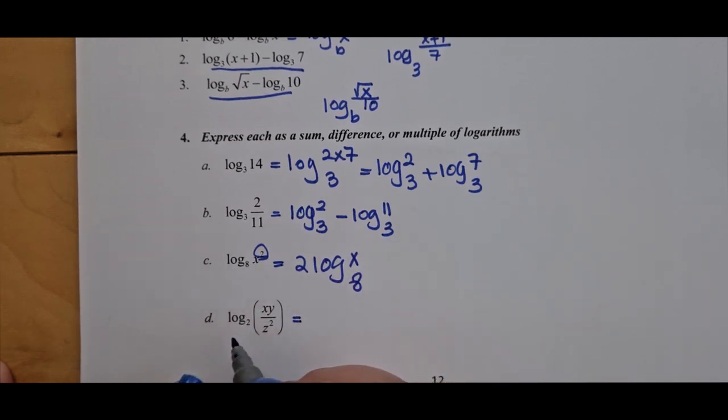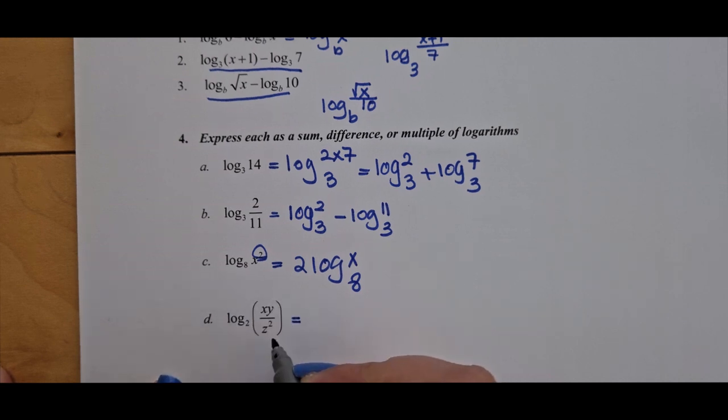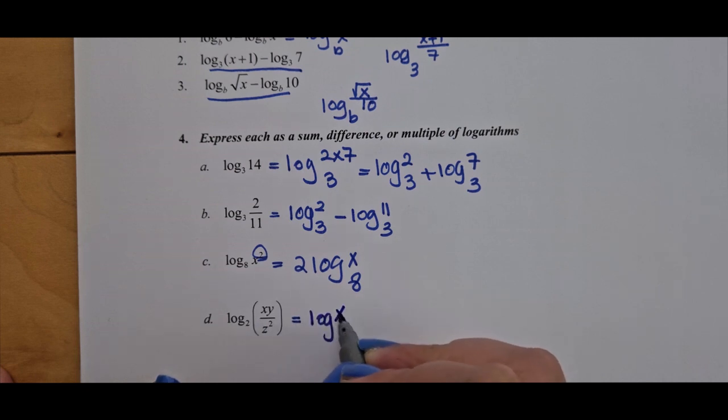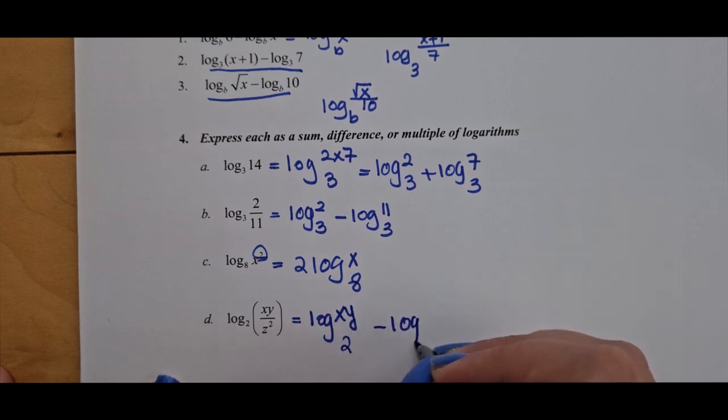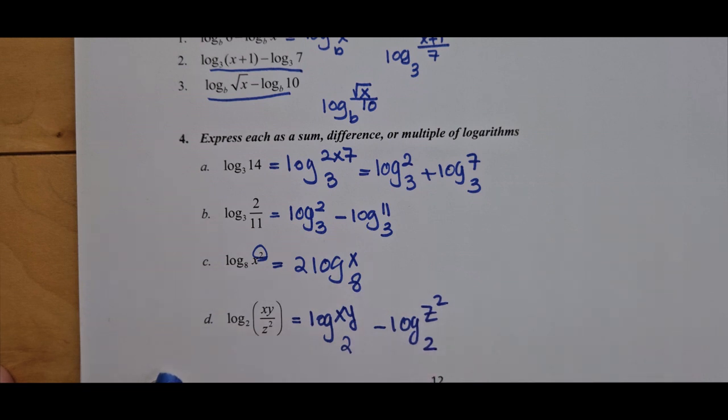Here, oh my God, this is amazing. So this is a combination of what you learned so far. So let's do it step by step. First of all, you have to use the quotient rule. So that would be log xy to the base 2 minus log, right, z squared to the base 2.